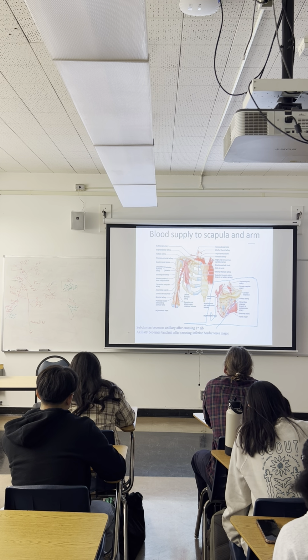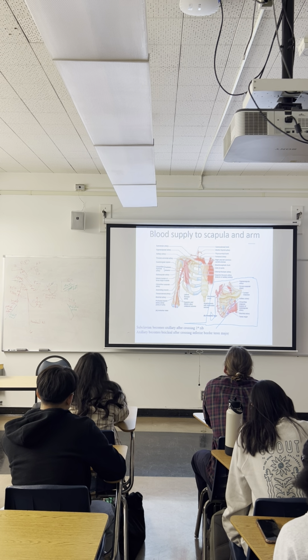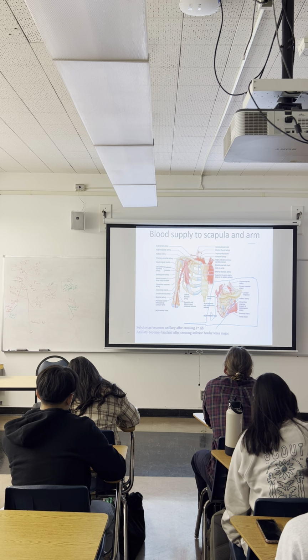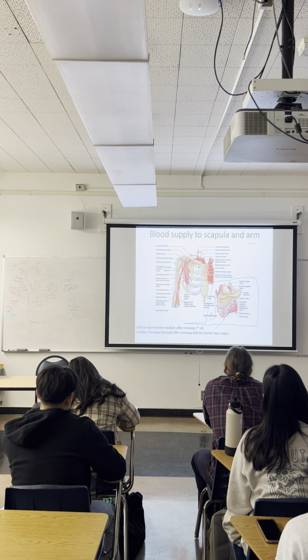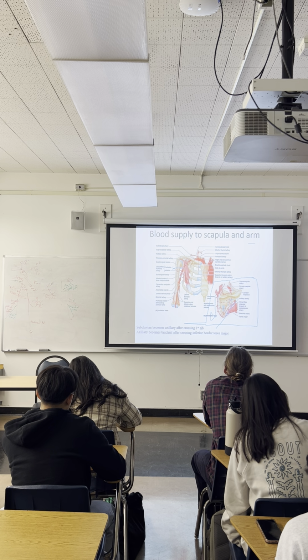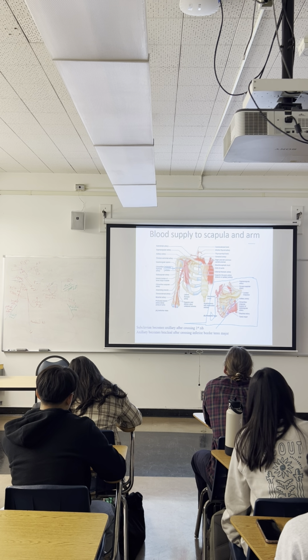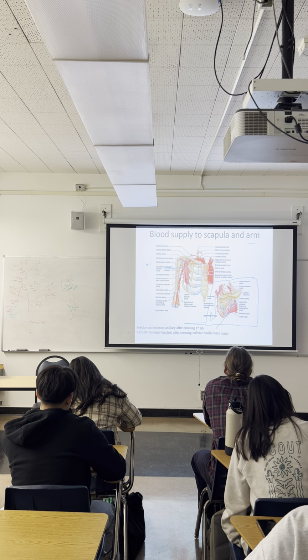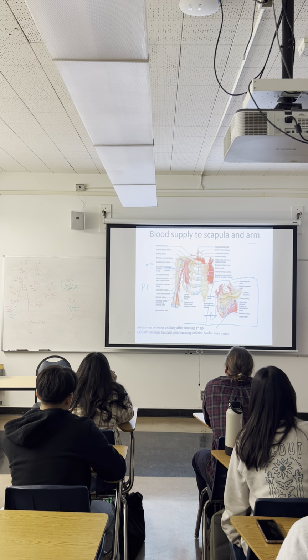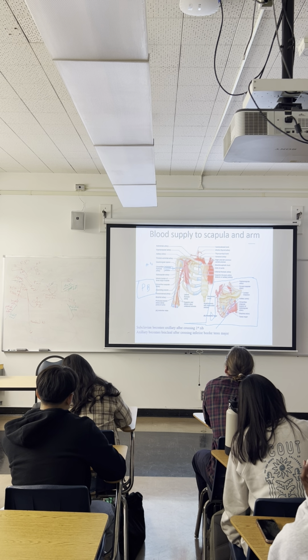Let me just point out 2 vessels one last time that are important to know, that they travel with nerves. So one, posterior circumflex humeral, traveling with axillary nerve. Two, profunda brachii, traveling with radial nerve.